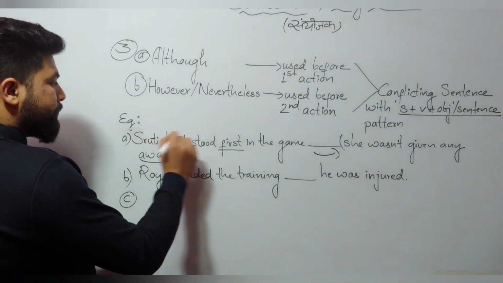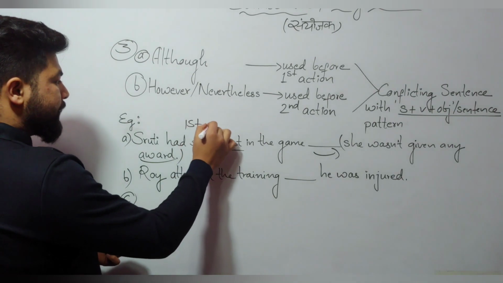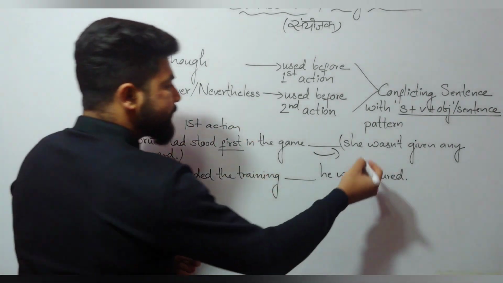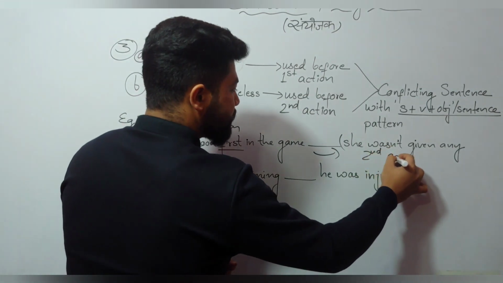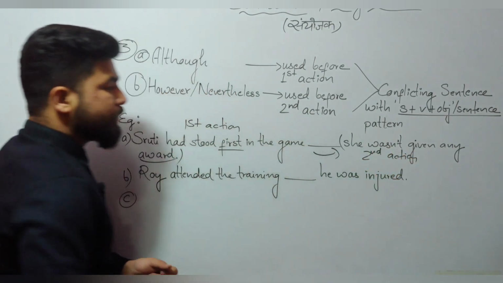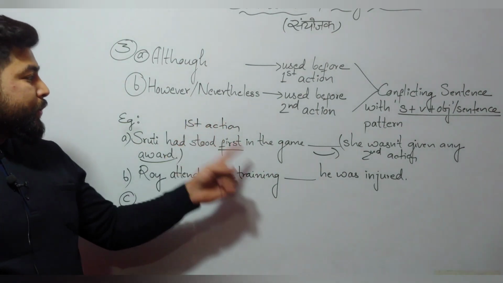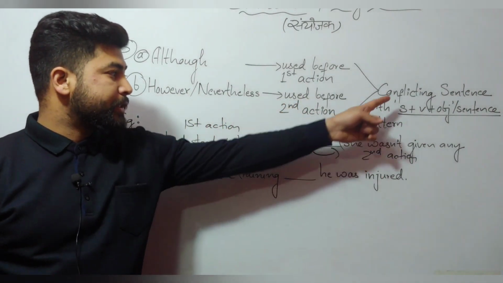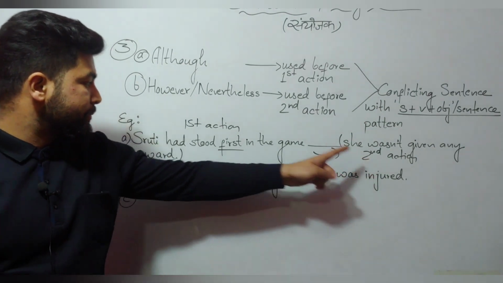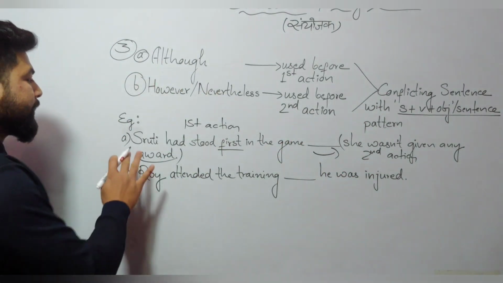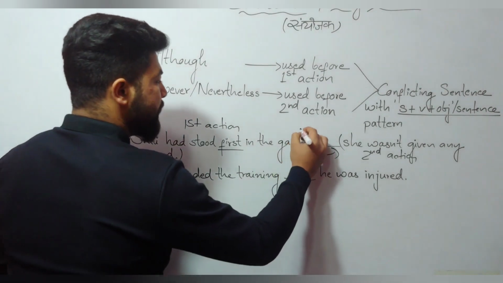Okay, so first she won the game. So this is the first action, and not getting the award despite that is the second action. Yes. So now you tell me which connective do you use before the second action in this sort of pattern? Before the second action you use however or nevertheless, and your answer is Shruti had stood first in the game.